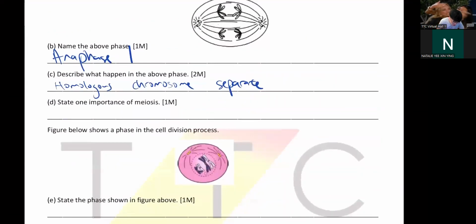So what is the importance of meiosis? What is meiosis for? It's only to produce gametes. Meiosis is only to make sperm and ovum. Mitosis has many more functions: to make you grow, to make me replace cells, to make bacteria reproduce.